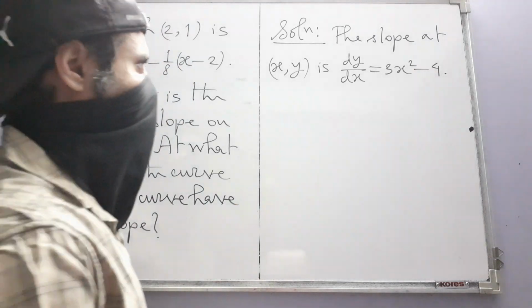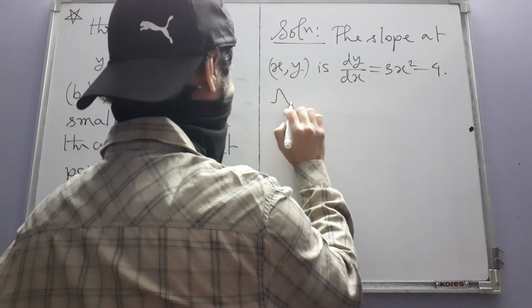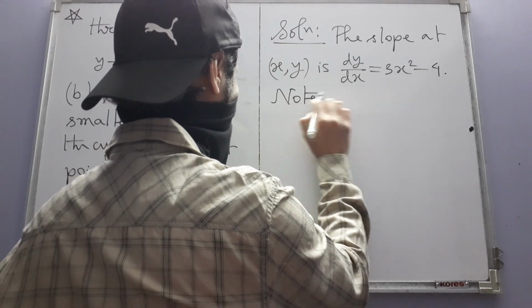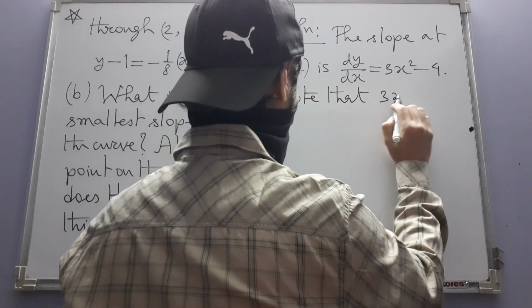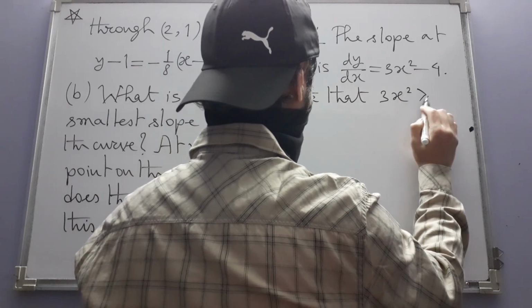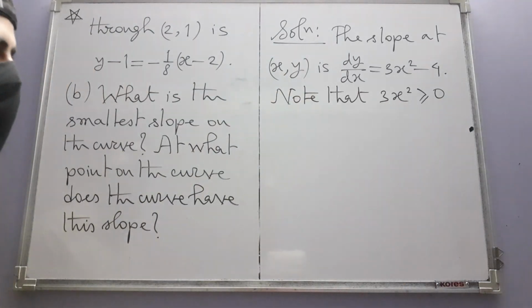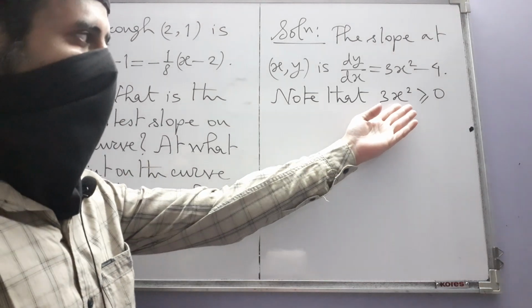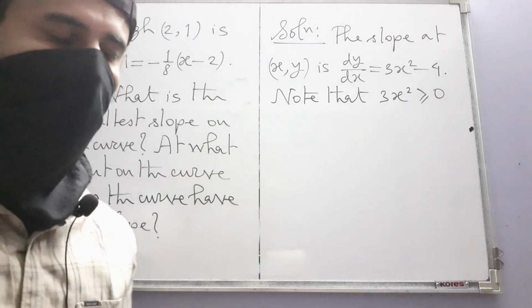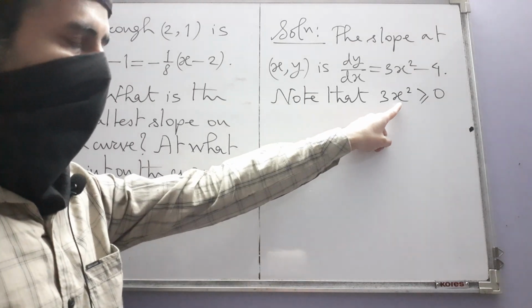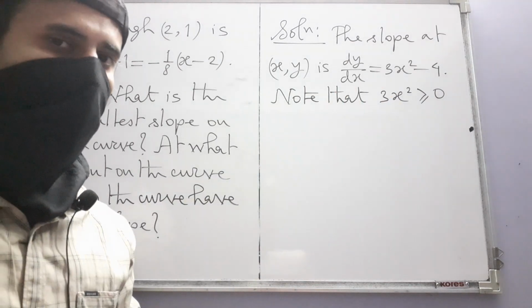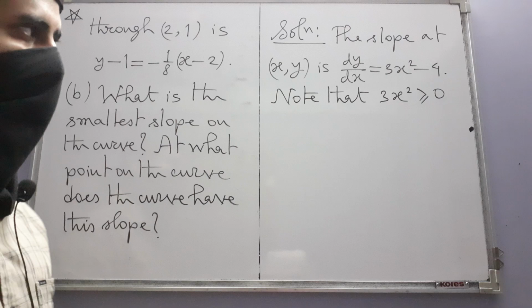You know why? Note that 3x squared is non-negative. Why? Because no matter what the real number x is, 3x squared is always non-negative. It is positive precisely when x is positive, but if x is 0, then this is equal to 0.